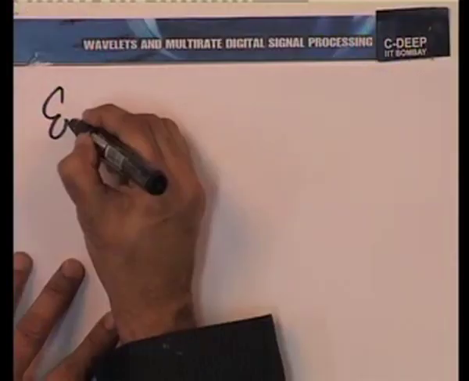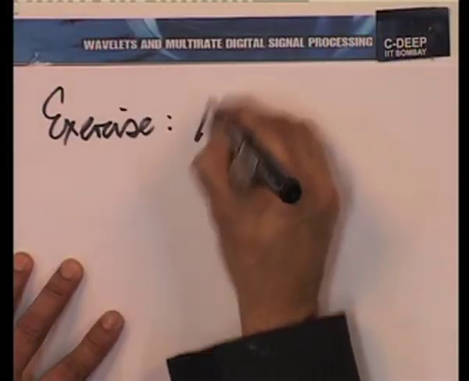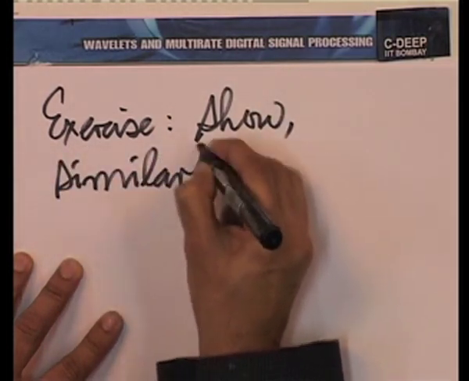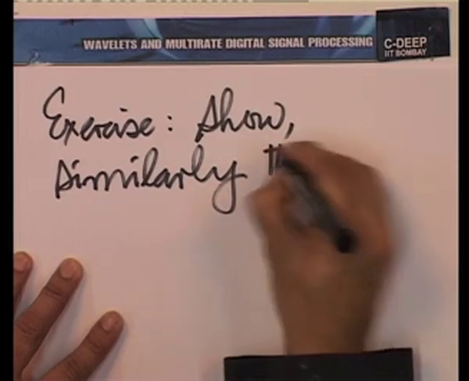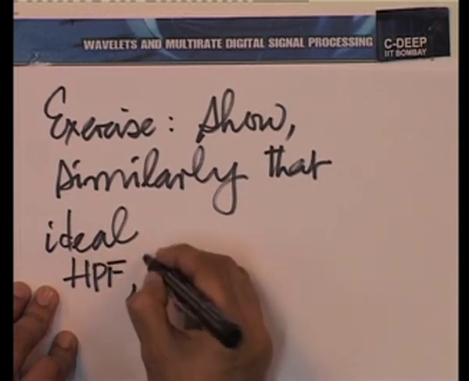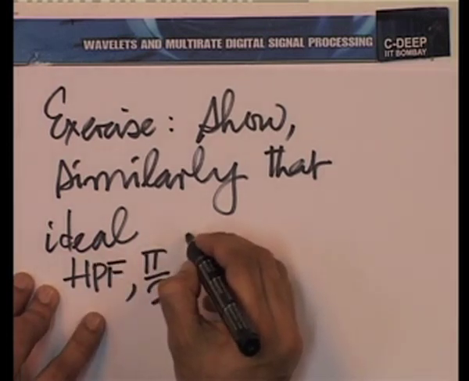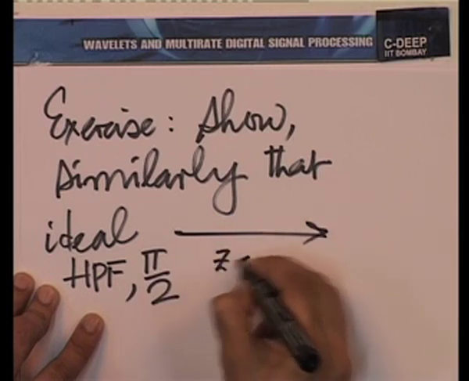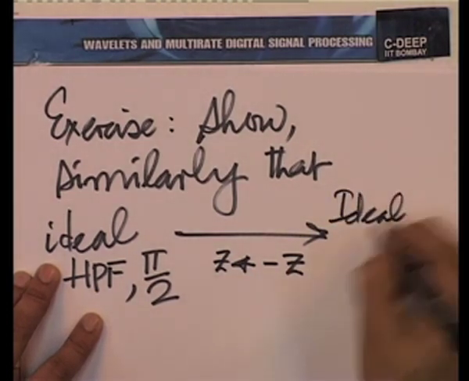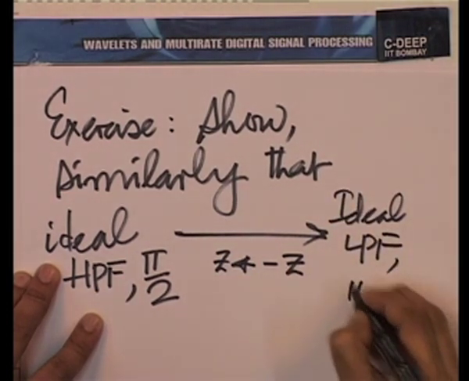So, exercise: show similarly that an ideal high pass filter, HPF, with a cutoff pi by 2, on replacing z by -z, becomes an ideal low pass filter with a cutoff of pi by 2.